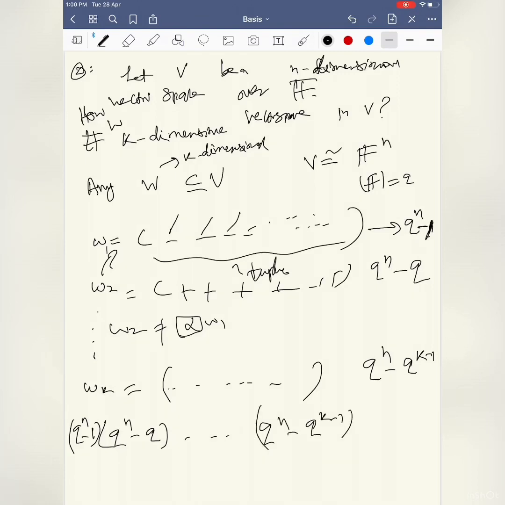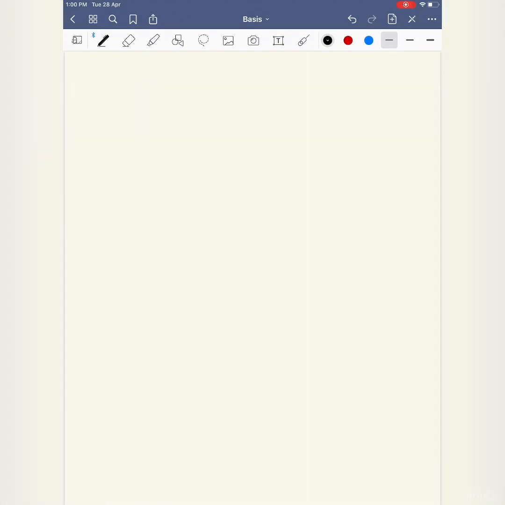This is just for one k-spanning set. There may be internal repetitions also, so I have to divide by the repetition. The idea of the repetition: suppose we fix W, which is a k-dimensional space.